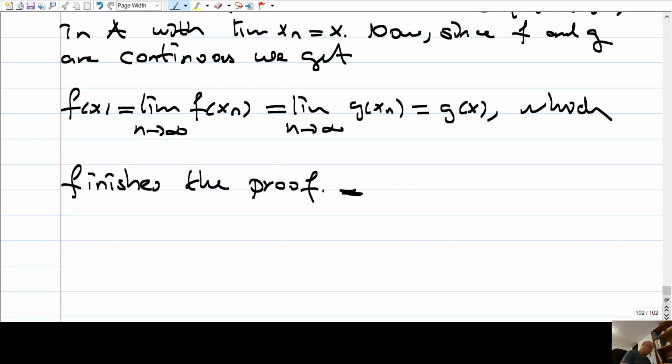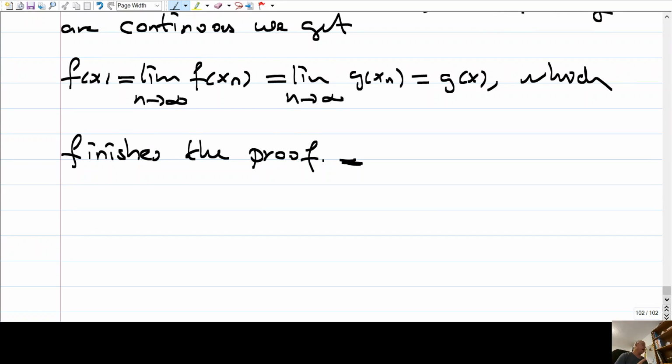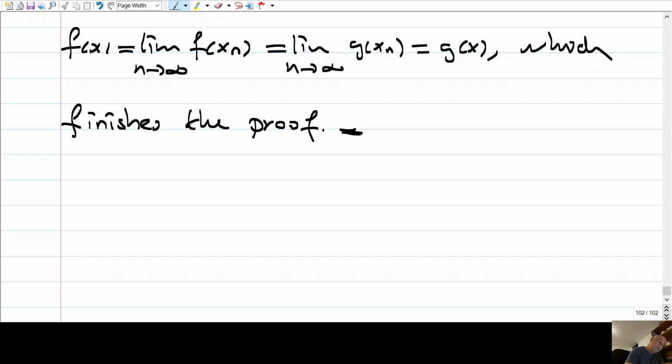Now we will have a slightly different result, but it is a little bit different. Now let me talk about that. Let me state the result, which resembles the above result, but actually it is quite different.